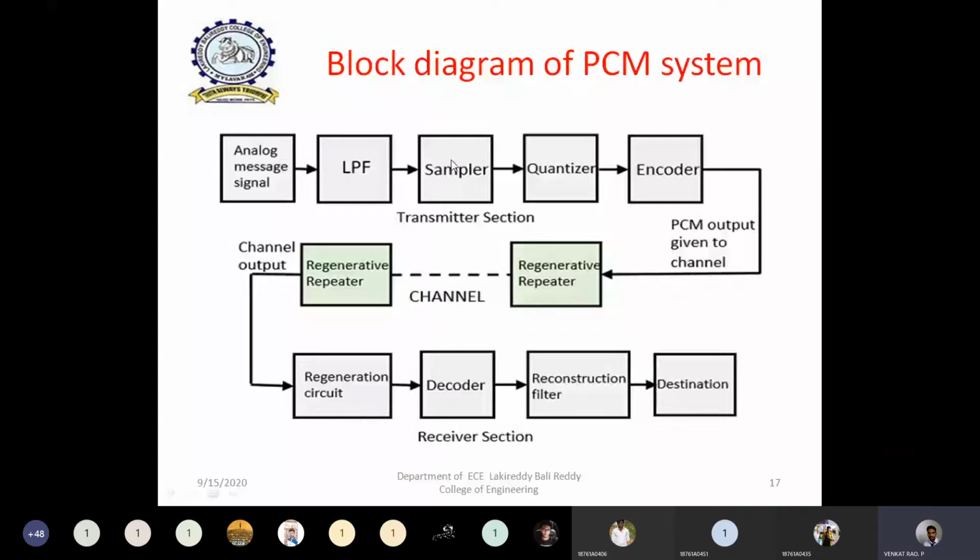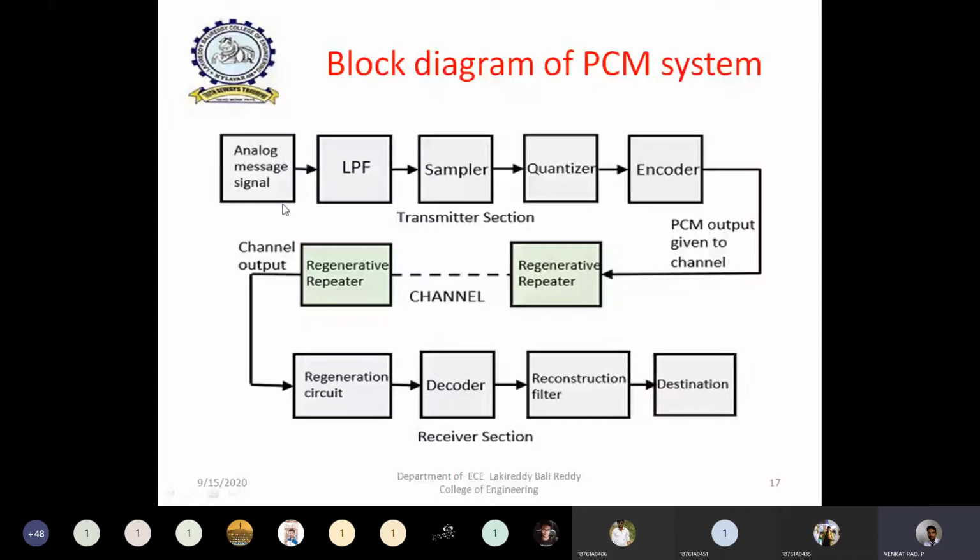In that, an analog signal is first converted to a digital signal, and that digital signal is transmitted in the communication channel. At the receiver section, that digital signal is again decoded and converted into an analog signal, so that the original input signal is reconstructed at the destination.